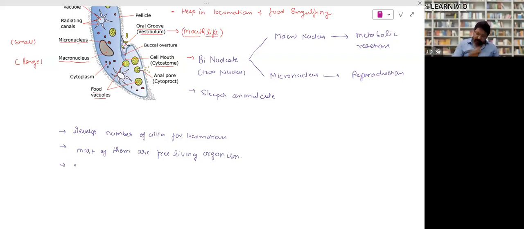And nutrition is holozoic, but in some forms, there are few forms, it is parasitic, means those which are parasites, right?